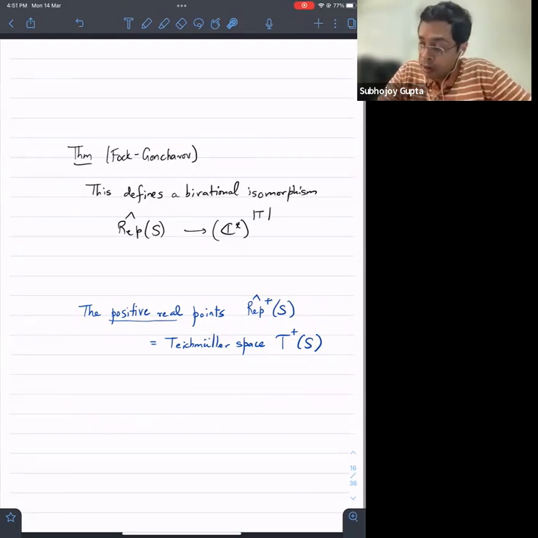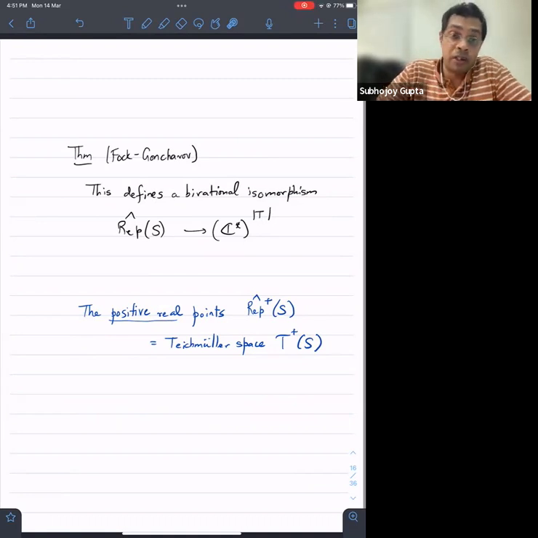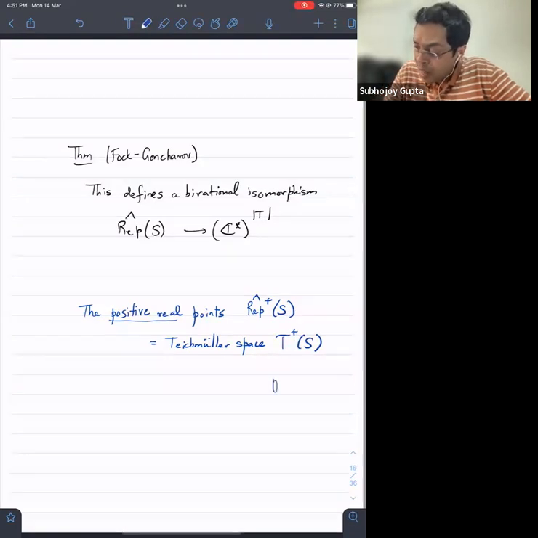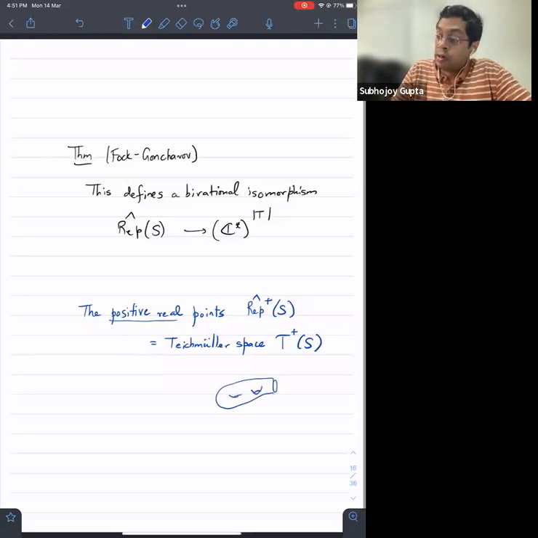Okay, and moreover, if these cross ratios are real and positive, so the Fock-Goncharov coordinates are real and positive, then what we just described is nothing but Teichmuller space. These are the shear coordinates for Teichmuller space. There's a plus here because it's Teichmuller space where you allow the boundary lengths to vary. So there's an extra real parameter for every puncture.